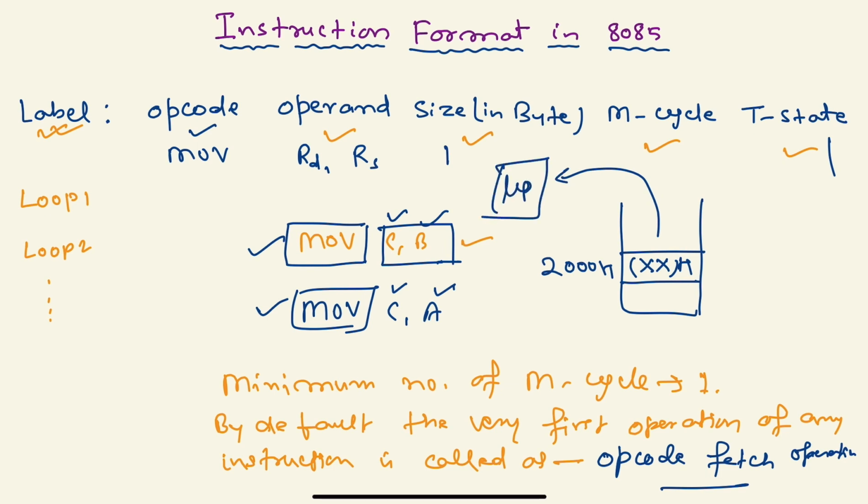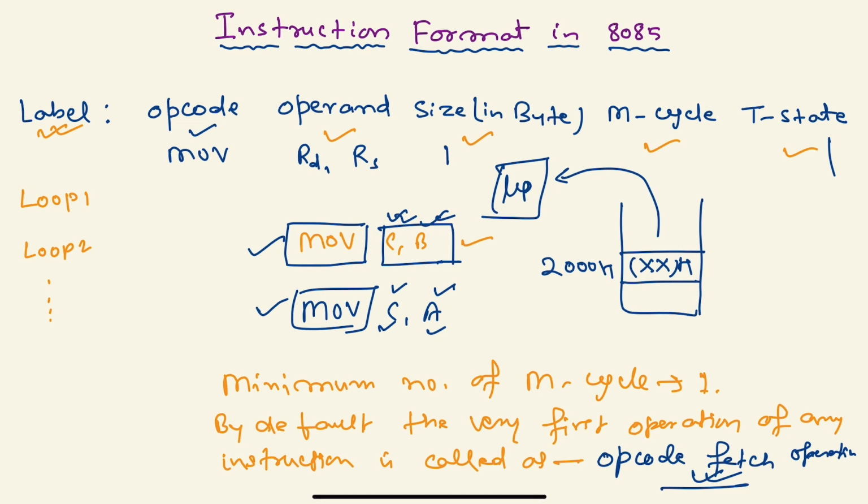So it accesses memory only one time, as an opcode fetch operation, and it executes this instruction inside the processor, because the B, C and A registers are all available inside the processor itself. To access these registers, the processor does not go outside.